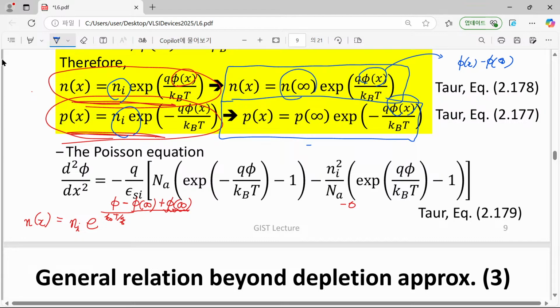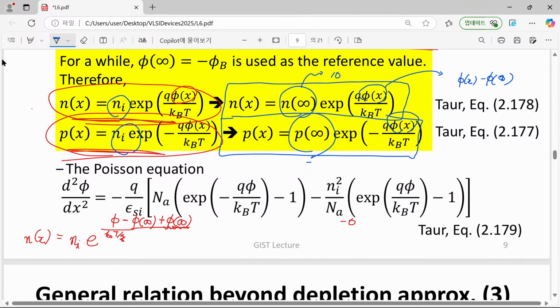However, when you have a look at this one, this is at most 10 to the 3 per cubic centimeter, and this one is 10 to the 17 per cubic centimeter if our acceptor density is 10 to the 17.